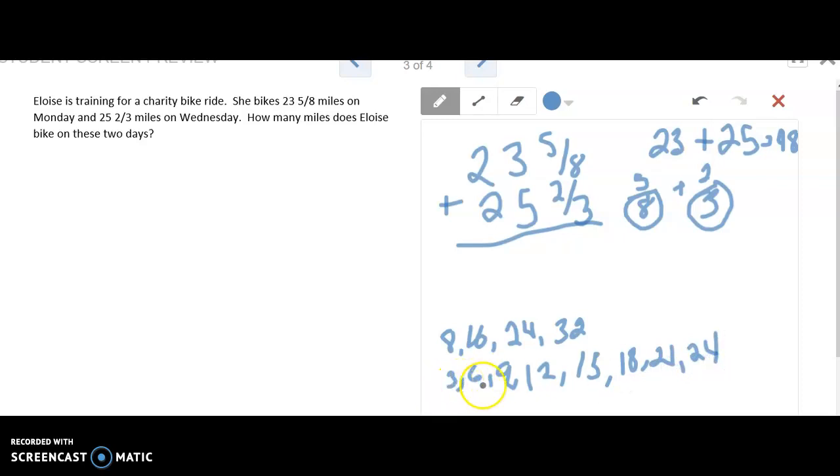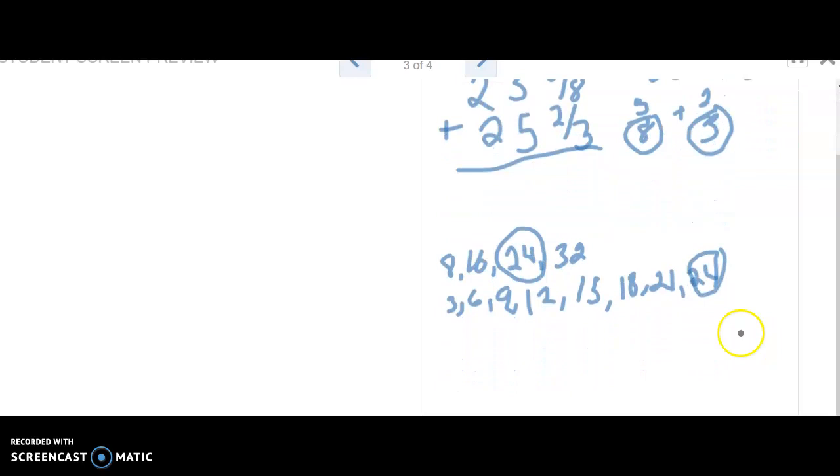As I was listing my facts of 3, I kind of had an idea what my 8 facts were, and I was already thinking, what's going to be my least common denominator? Which one's my least common? And I have 24 and 24.